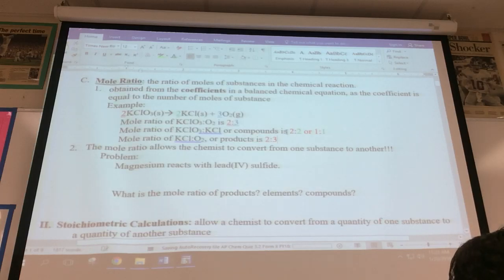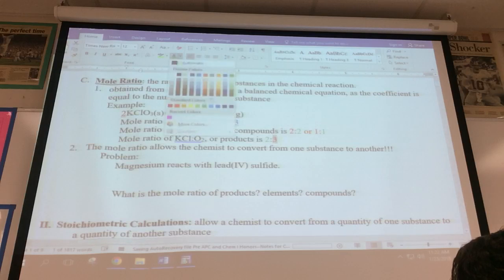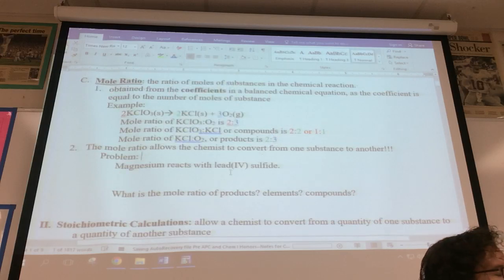But if they ask you for the mole ratio, you can use just the coefficients. It'll be easier for you. The mole ratio of potassium chloride to oxygen, or it could say the mole ratio of products, would be 2 to 3. And again, that number is coming from the balanced chemical equation.